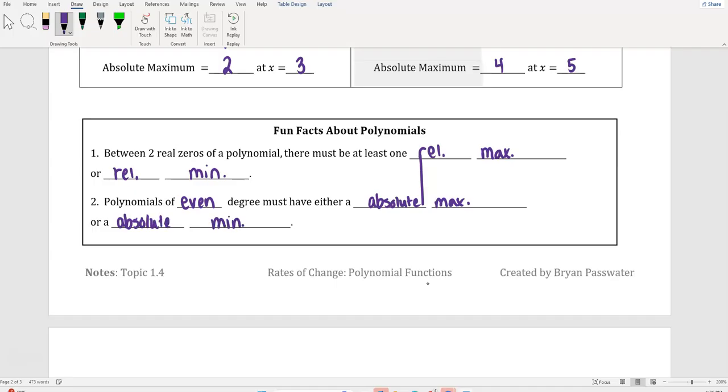Think about what we were talking about earlier, the end behavior of those graphs. If both ends go up, then there's no absolute maximum, but there has to be a minimum, right? So you're going to see some problems at the end of your assignment that ask you to tell maximums or minimums, and you won't have that.